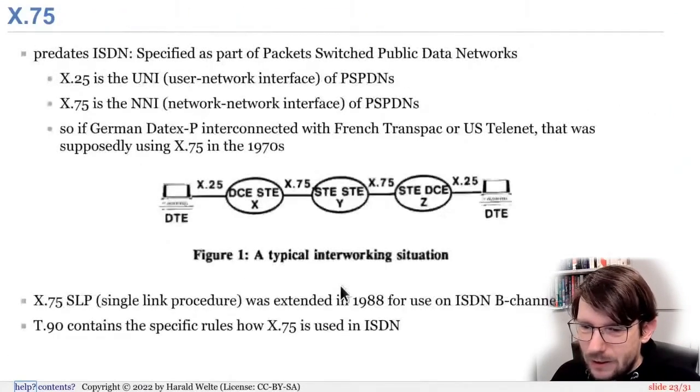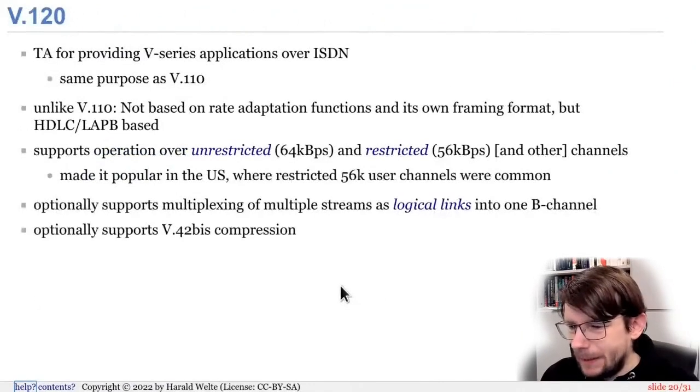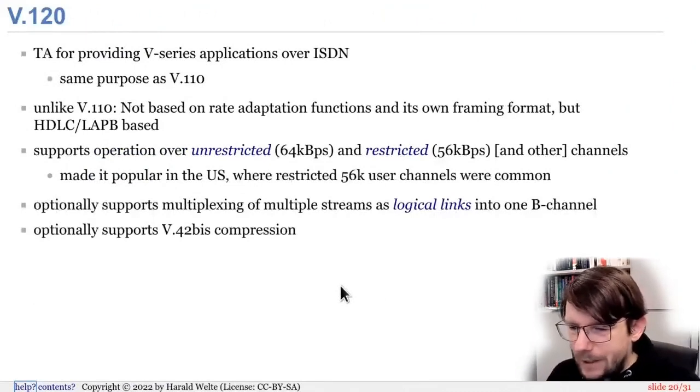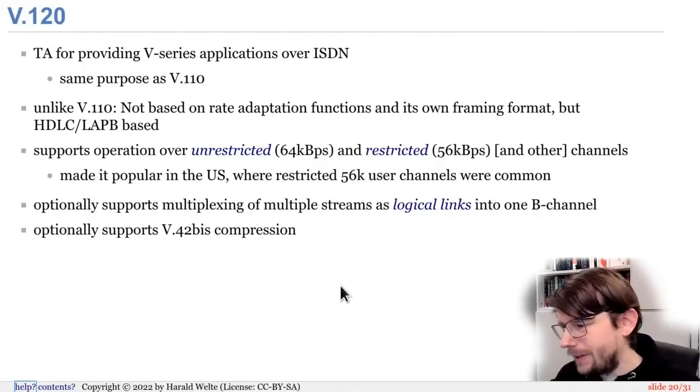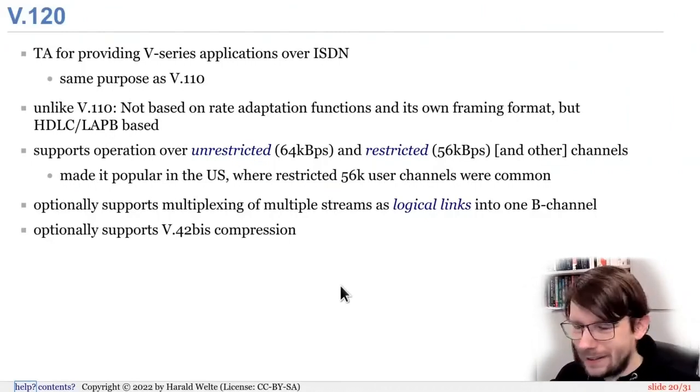And now we get to V.120, which is also a protocol for terminal adaptation. If we again compare the two systems that we've seen so far, we have V.110 as using this kind of bitstream multiplex with its own frame structure and so on.